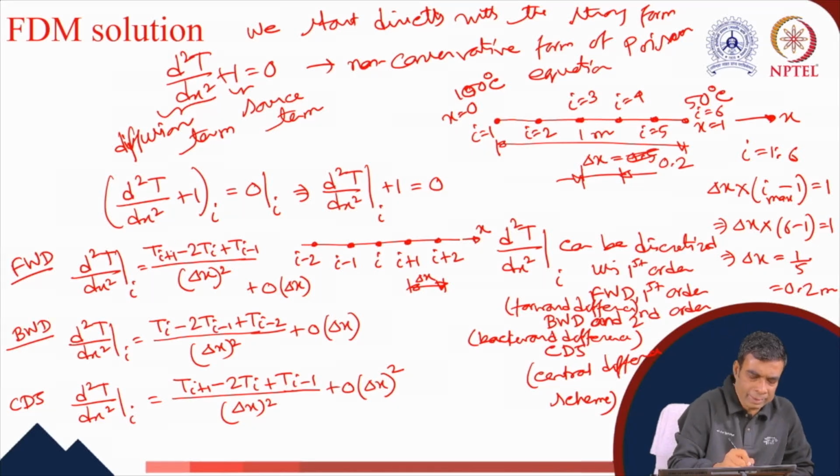So there is a correction. This is i plus 2, this is i plus 1 and this is Ti. So this is actually Ti plus 2 minus 2Ti plus 1 plus Ti.